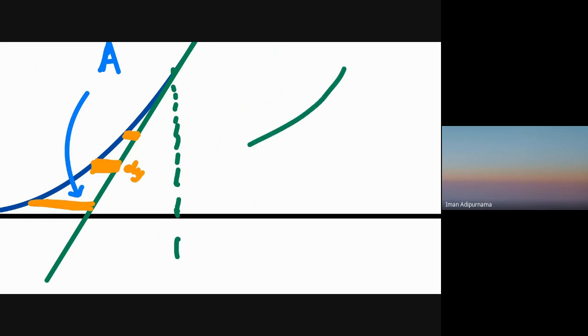So when you use dx, you have area 1 and area 2.